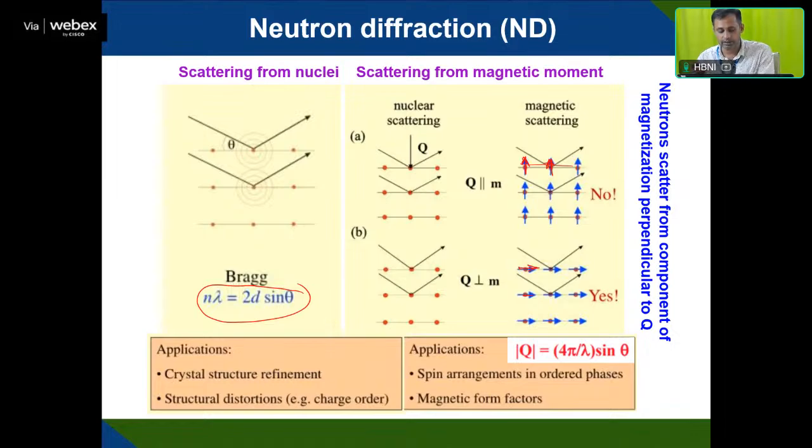Depending on this, you will see the diffraction. But in magnetic scattering, only the perpendicular component contributes to the magnetic scattering; the parallel component does not give any scattering. The applications are mainly crystal structure refinement, structural dissociation, and charge order or bond order.